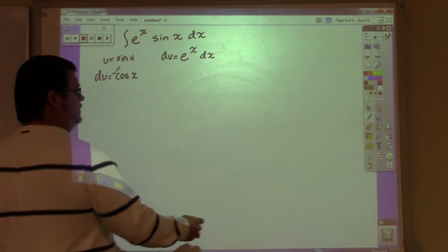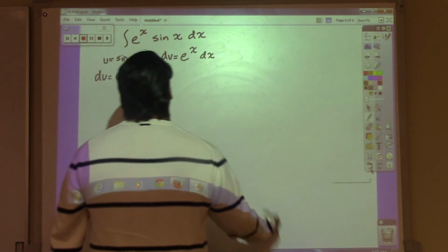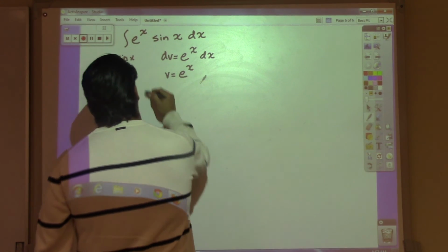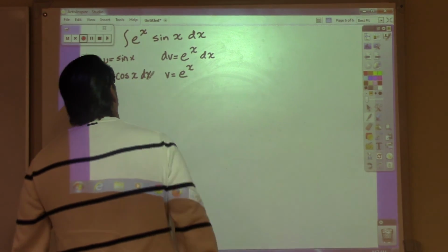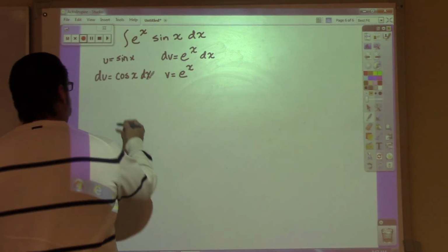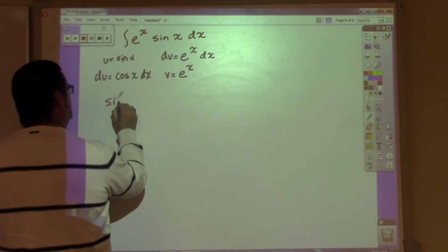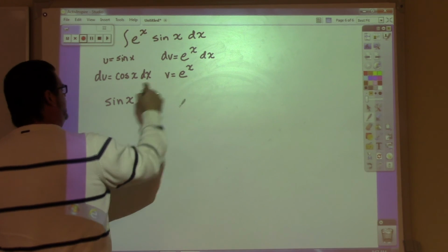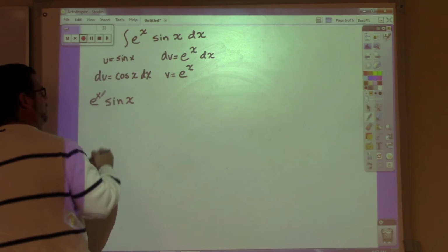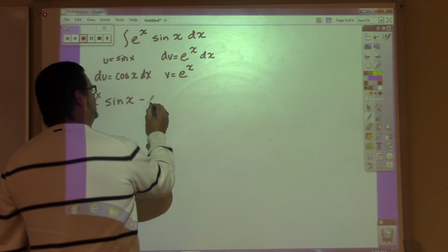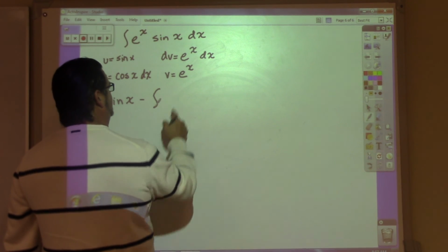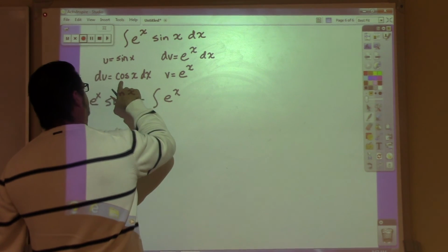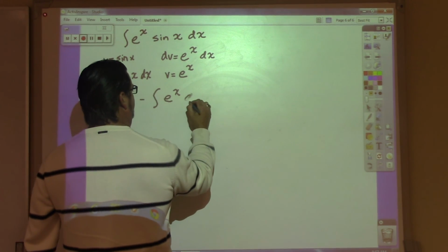Just cosine, isn't it? And v is equal to e to the x. So that's going to give us sine of x e to the x, minus the antiderivative of e to the x cosine x dx.